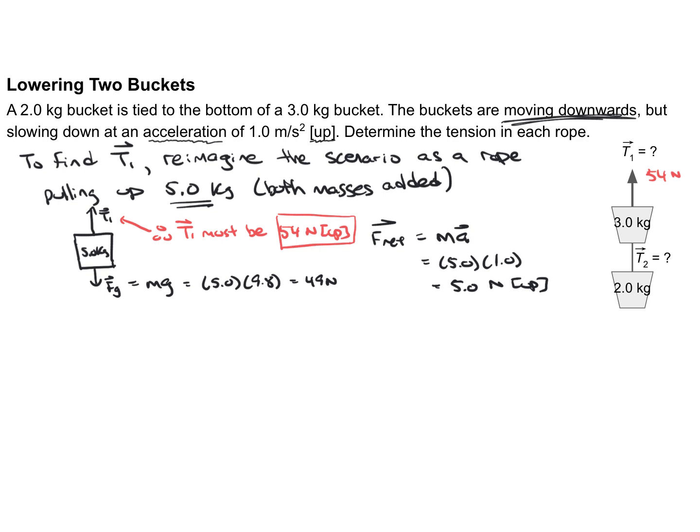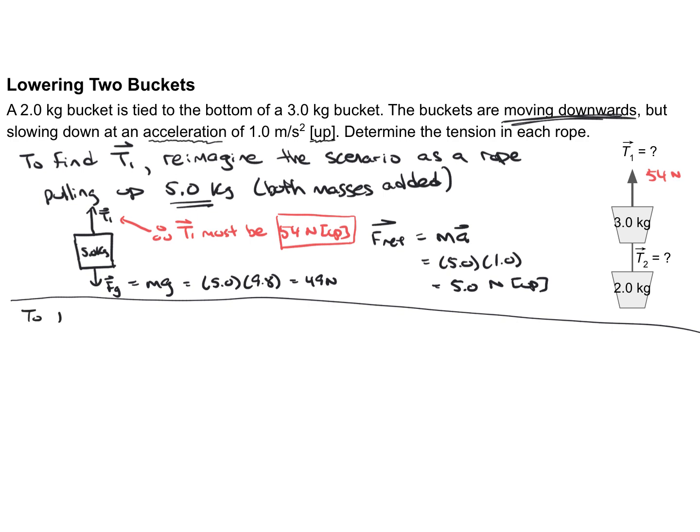Now what about the other rope, the rope in between the 2 buckets? When you have to calculate the force in between 2 objects, it's a wiser strategy to separate the objects and think of individual objects.